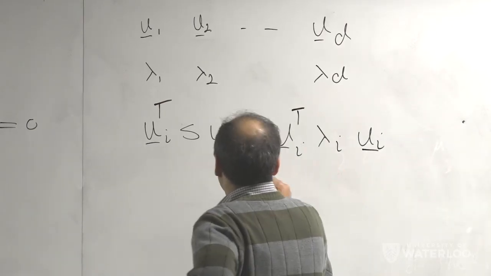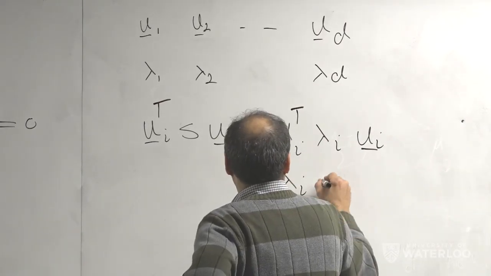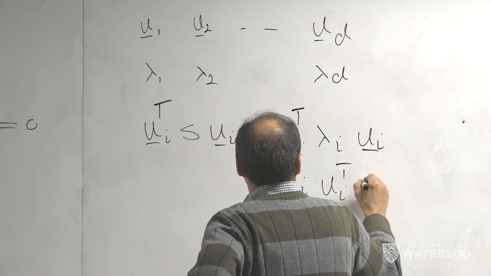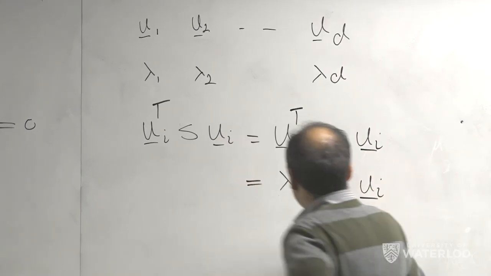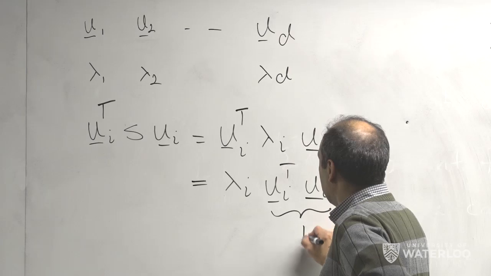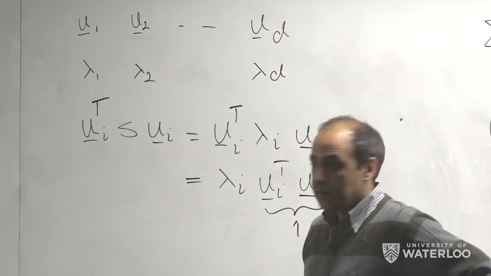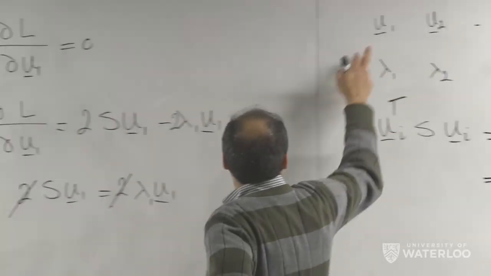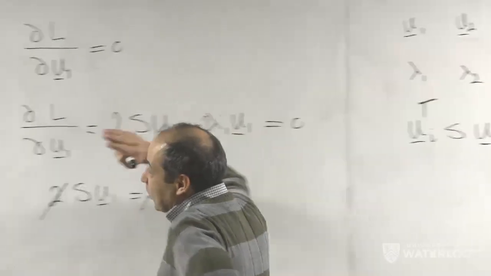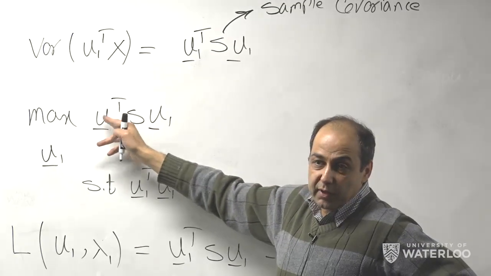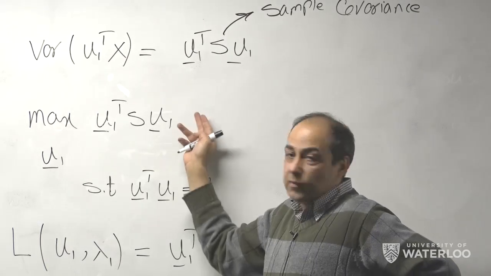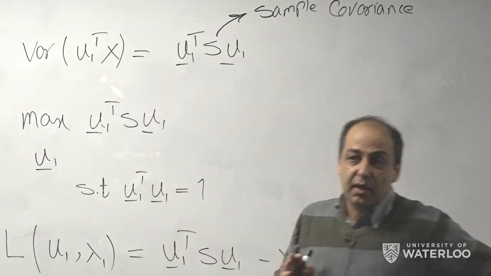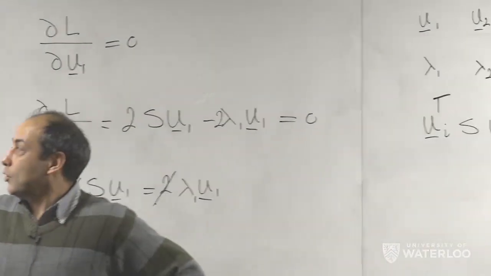Lambda is a scalar, so I can write it as lambda i ui transpose ui. But ui transpose ui is 1. So it's lambda i. So if I put u1 in this objective function, the value is going to be lambda 1. If I put u2, the value is going to be lambda 2.